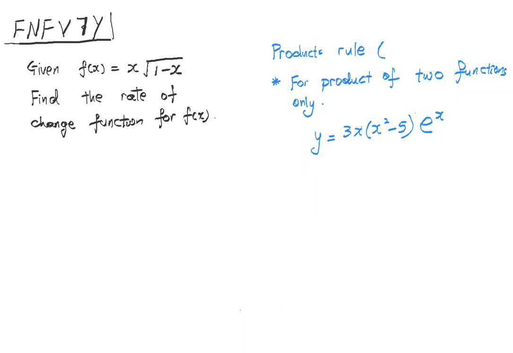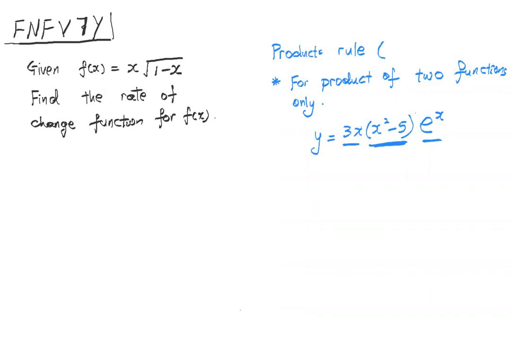So what you need to do, there are 3 functions here. One here, another one here, and another one here. So this is a product of 3 functions. You have to simplify it.